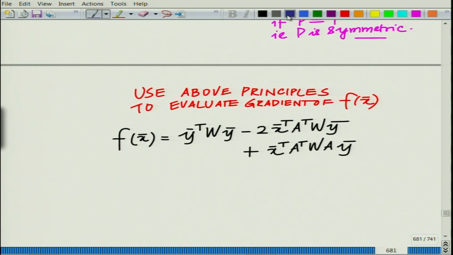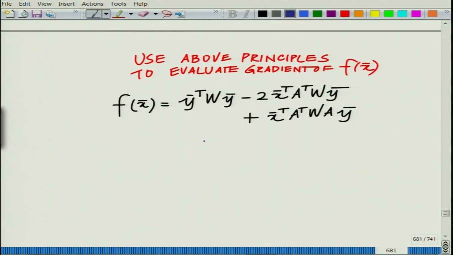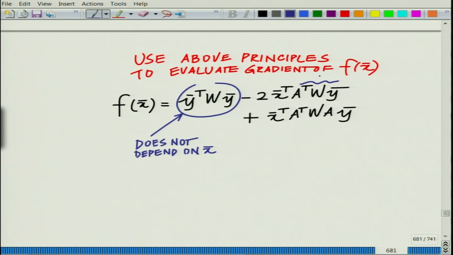Now, you look at this, this is essentially a constant, does not depend on x bar, implies this will go to 0, and this is of the form x bar transpose c bar, and this is of the form x bar transpose P x bar.